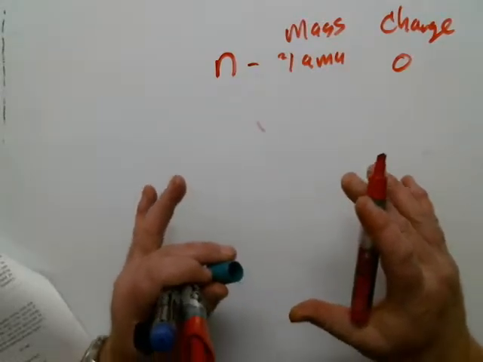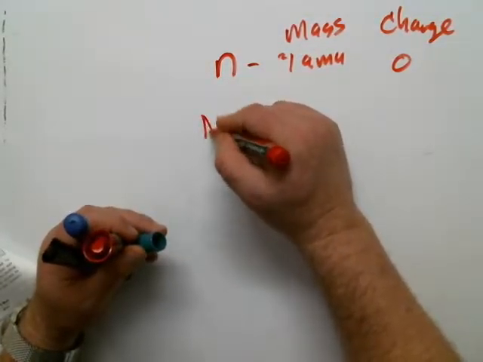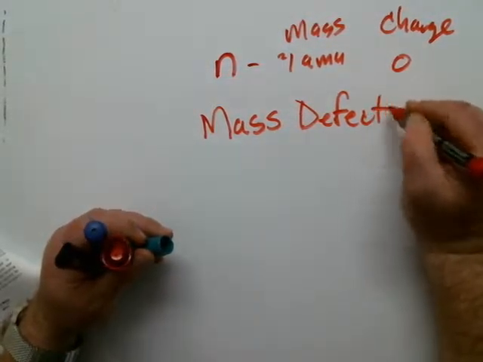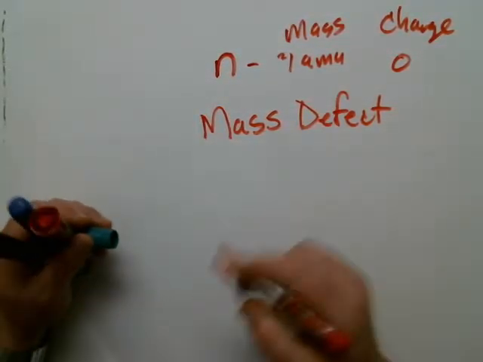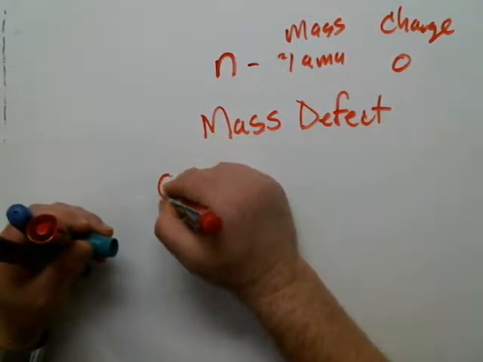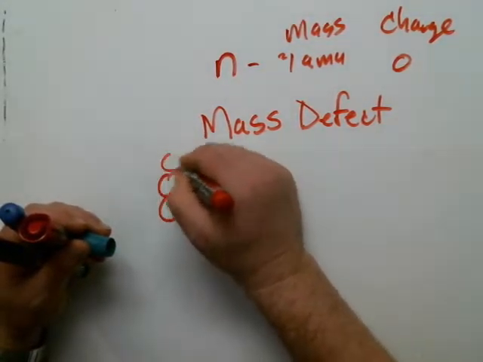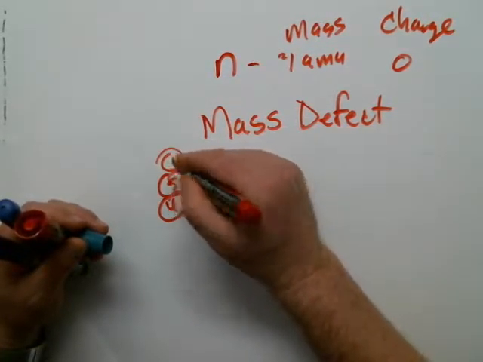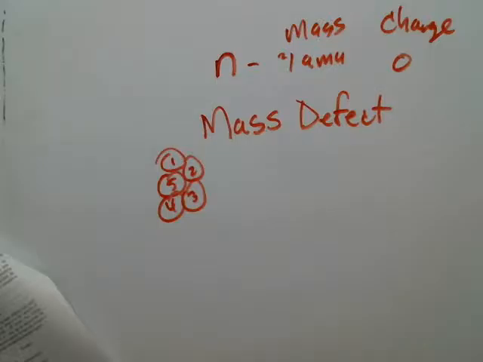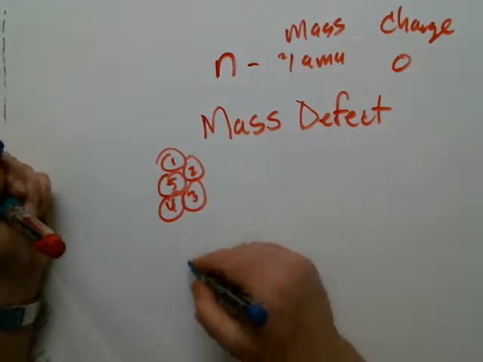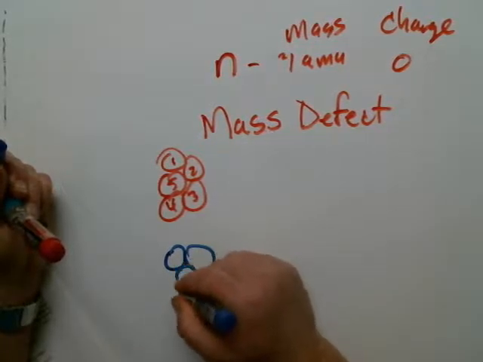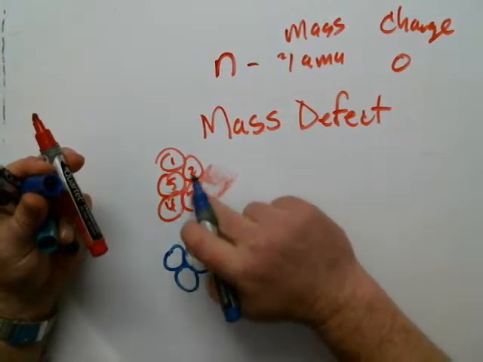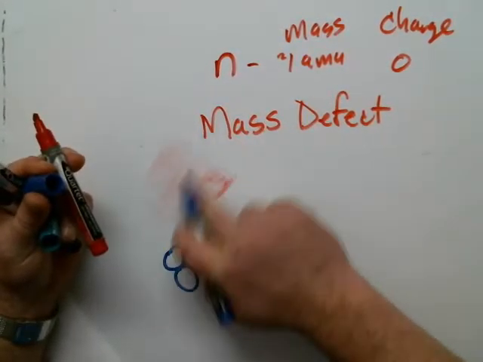What's really cool is the first thing we're going to talk about, which is mass defect. If I was to take a bunch of neutrons, let me start over.